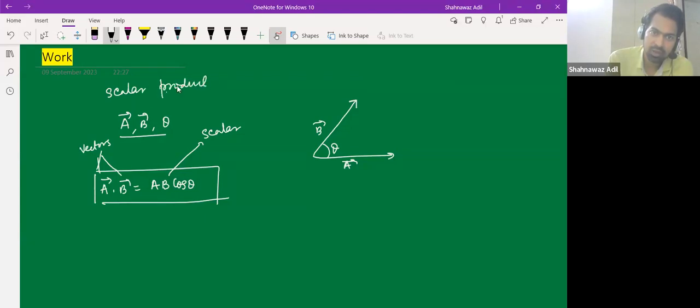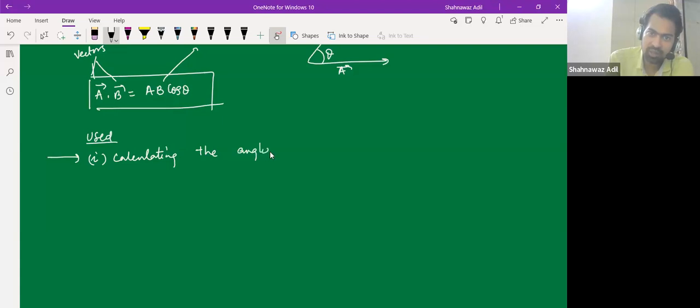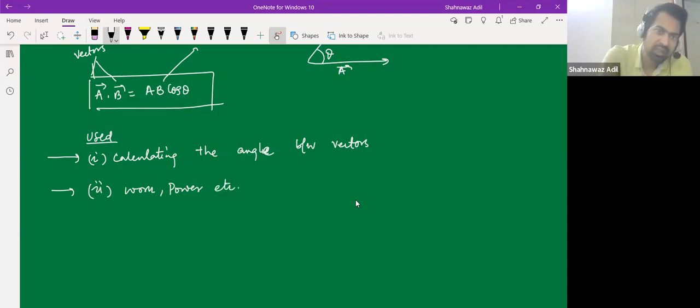And this scalar product is used in calculating the angle between vectors, and it is also used to calculate work done, power, and so on.